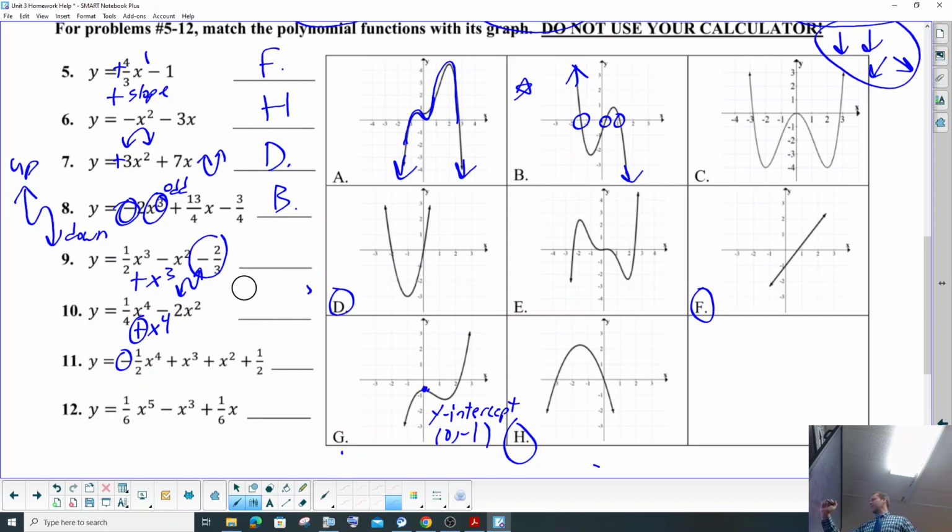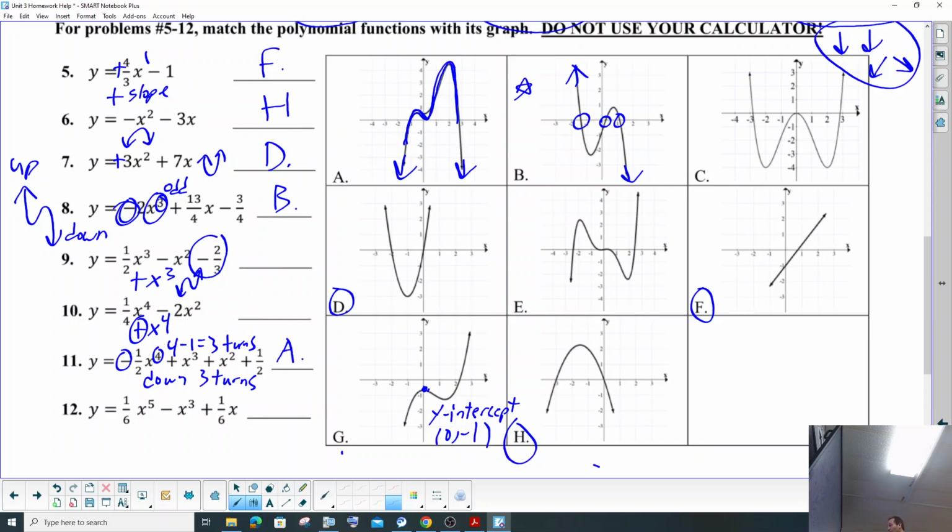So that's going to actually be this one down here. Because why? Because it's going down with 3 turns. And so it's x to the 4th power minus 1 is 3 turns. And so it goes up, changes, down, changes, up, changes. So 3 turns. And it's negative, it's going down, so that's A.